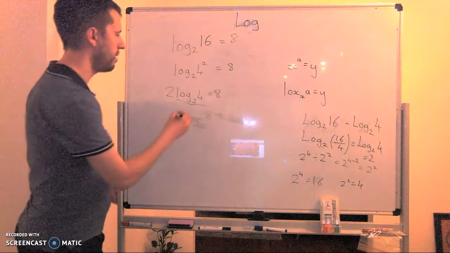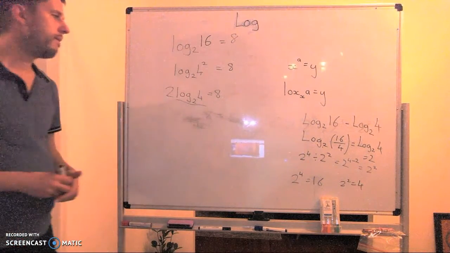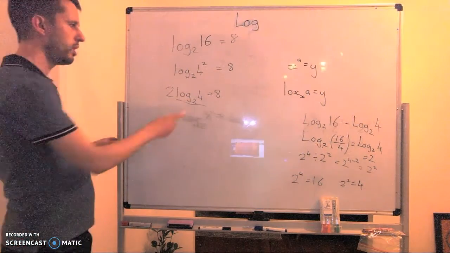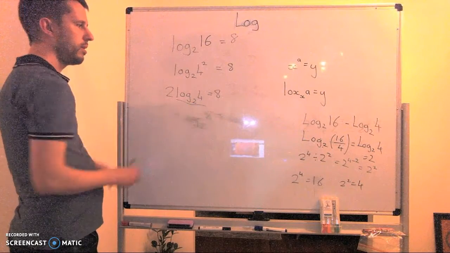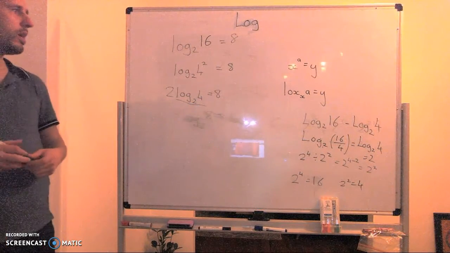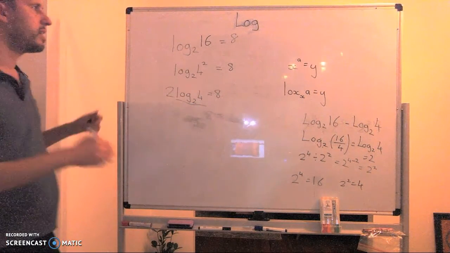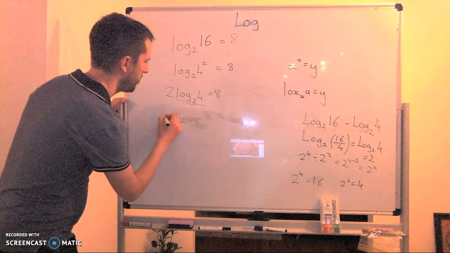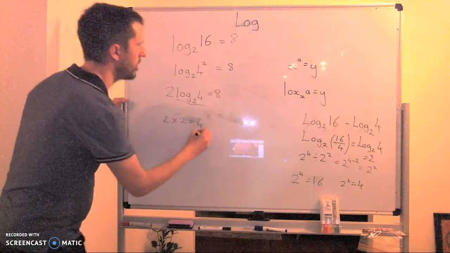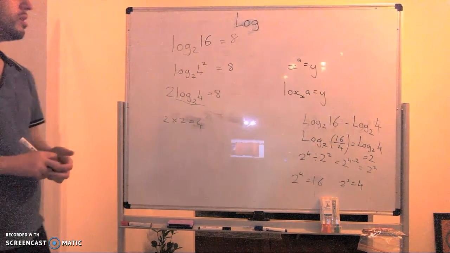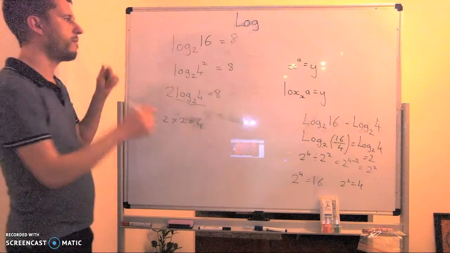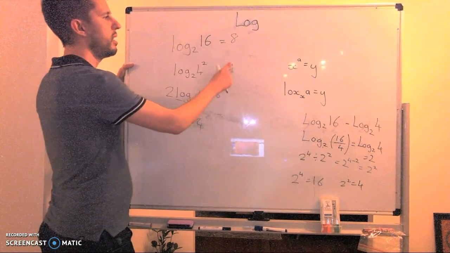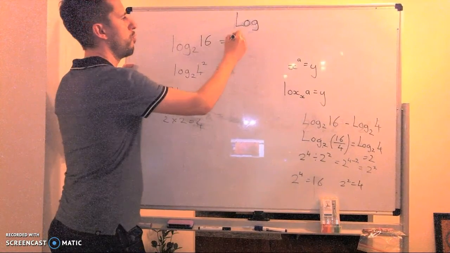So the first thing I think about is log 2 of 4 is 2 times 2 is 4. So then this log base 2 of 4 is going to be 2, and I've got 2 times 2 equals 4. So this is where I made a mistake here before because I wrote 8 here when it was supposed to be 4.